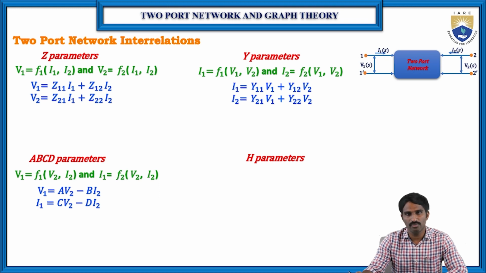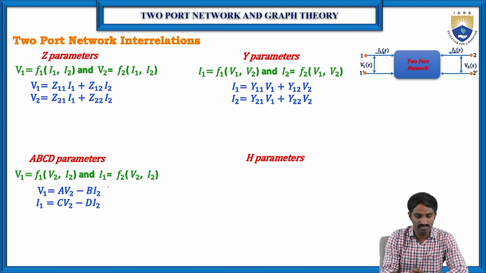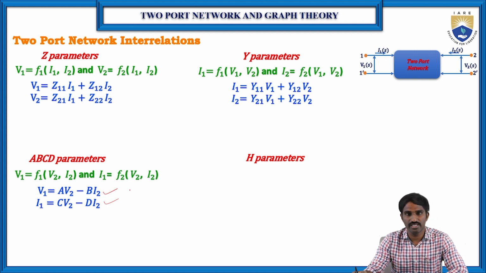Of course, the minus sign for I2 is because the currents I1 and I2 are in opposite directions to each other. When I1 is in the positive direction, then I2 should be in the negative direction. That's why there is a negative sign wherever we use the I2 current.